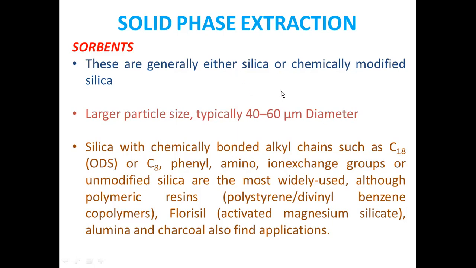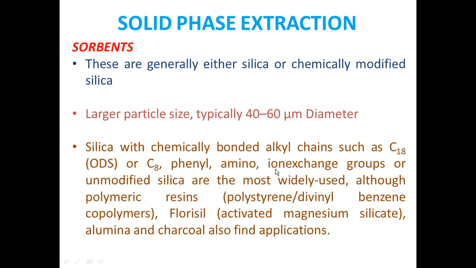Silica will be taken and treated chemically by performing a general chemical reaction in order to convert silica into octadecylsilane, octylsilane, phenylsilane, aminopropylsilane, or aminosilane, or even some other modified group. Ion exchange groups can be introduced to the silica, or silica can be used as such in the unmodified form for the extraction process.